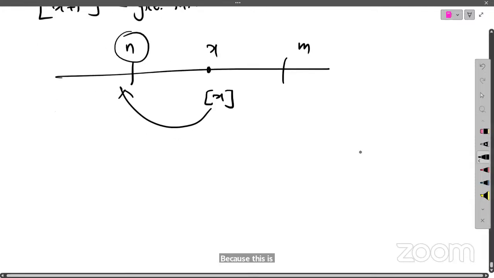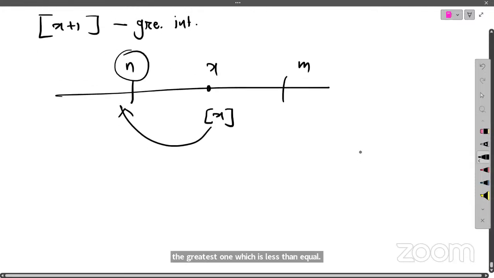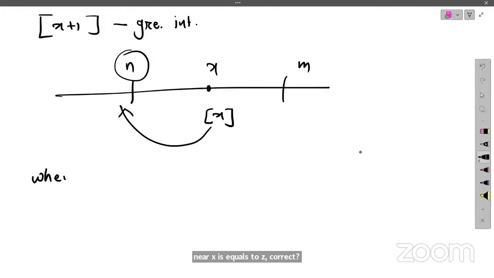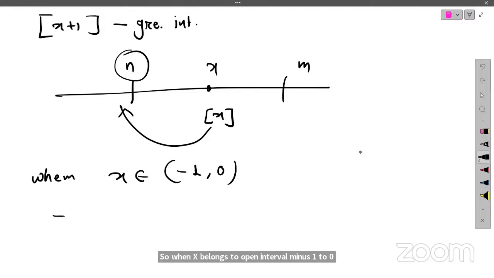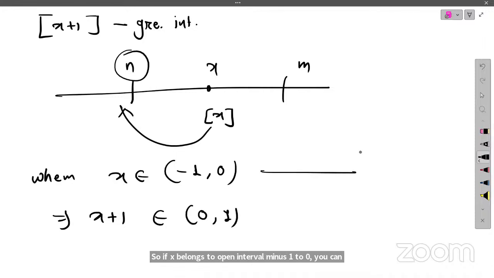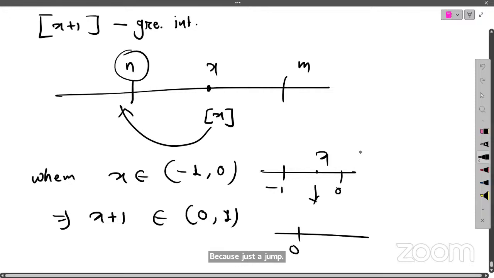So here we have to find the value of the floor near x equals 0. That means when x belongs to the open interval -1 to 0, x plus 1 belongs to the open interval 0 to 1, because it's just a shift.